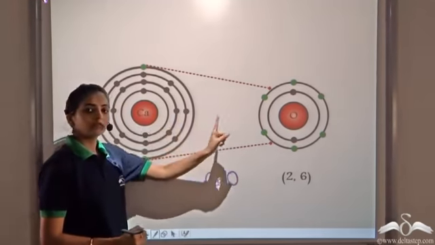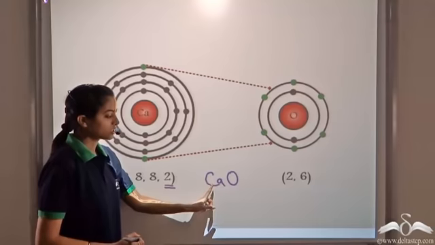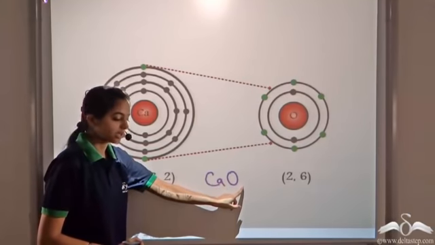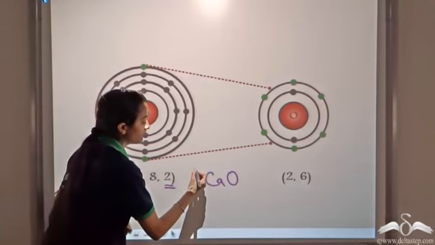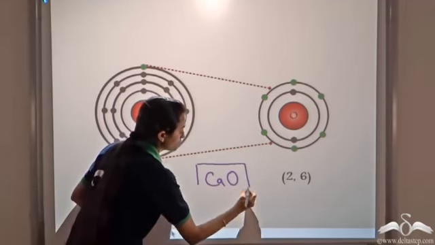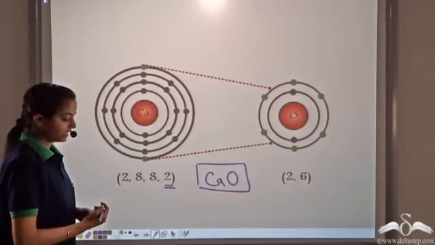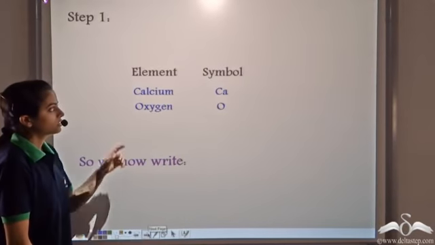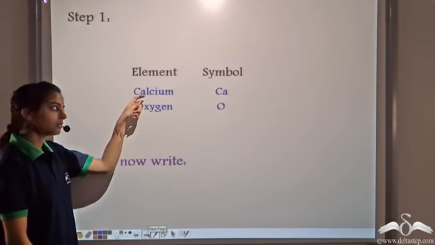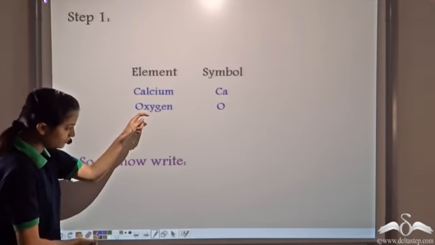Since both have only one atom each, we ignore the one subscripts in this case, so we get the formula as CaO. Now let's write the formula in the way that we've just seen. So we write the element names, calcium, oxygen.